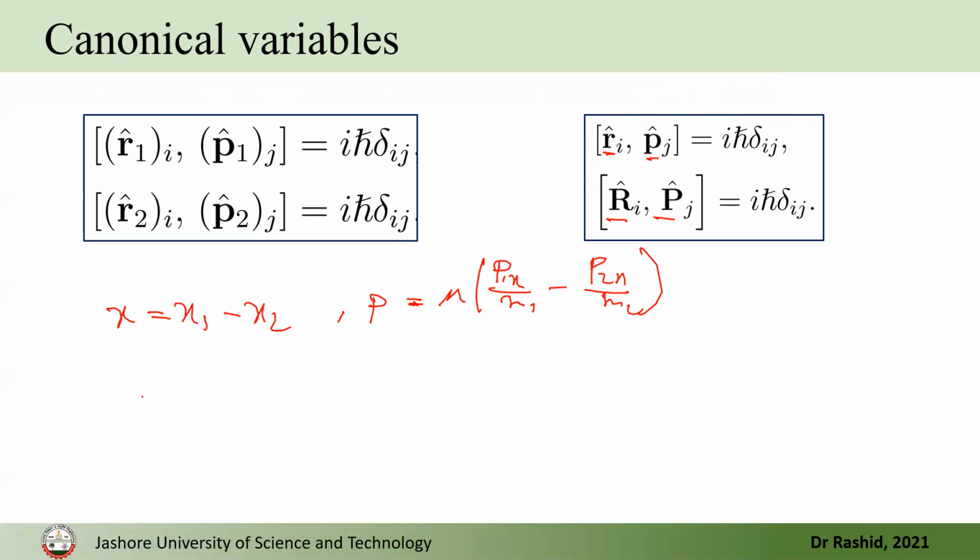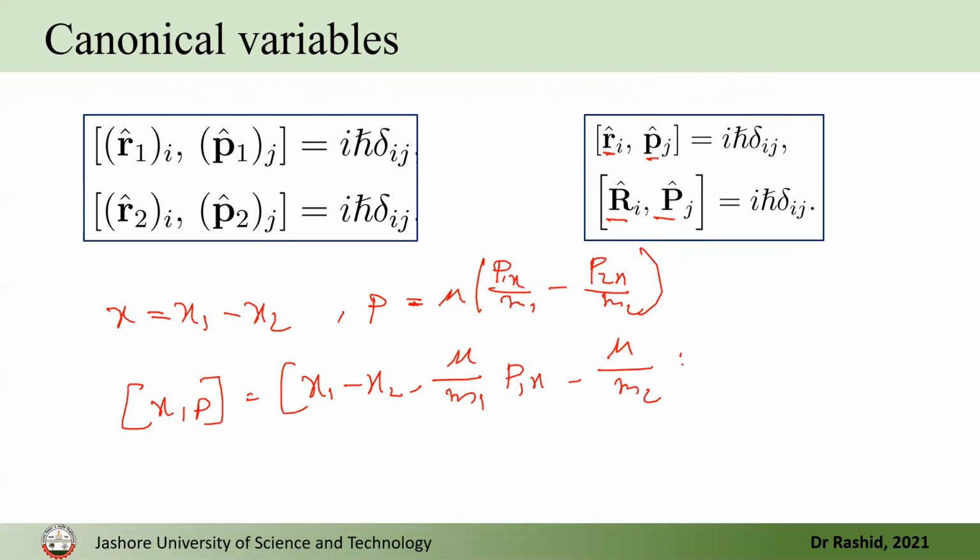So if we take the commutator for this x and p, we have here x1 minus x2, and mu by m1 p1x minus mu by m2 p2x. Now, x1 does not commute with p1x, but it commutes with the other one.